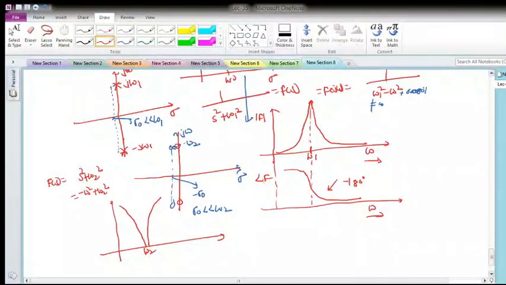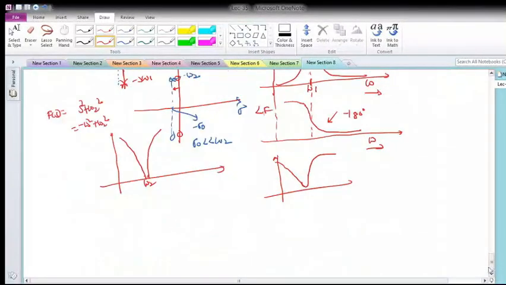If the zero is purely lying on omega 2, then the magnitude will be 0, but if I shift it towards the left side by some amount sigma 0, which we said is very less than omega 2, here what will happen? It will not be 0, but such a thing will come, like this. So there will be a slight notch.